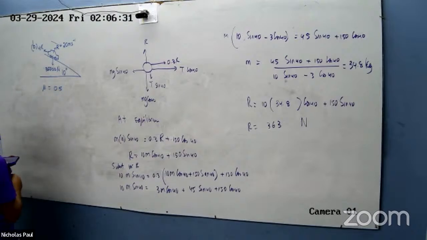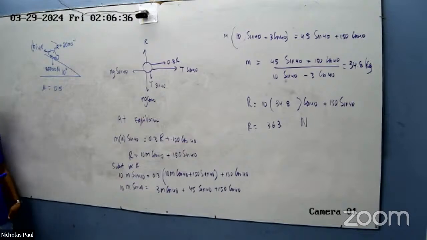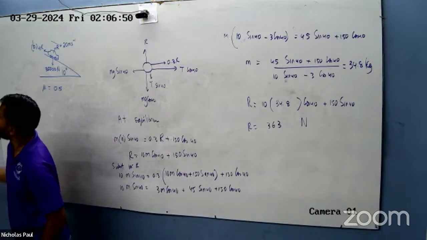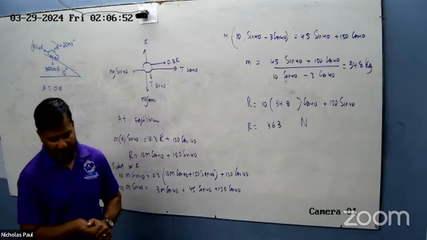So you have this scenario here, and they want you to find the deceleration of the automobile after the brakes are applied, and then the distance the tire will skid on the road. I'll give you a few minutes, try it. If you want to send answers, send it. I'll take a look at it.